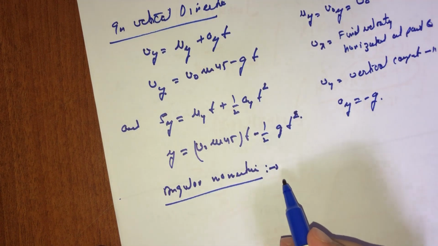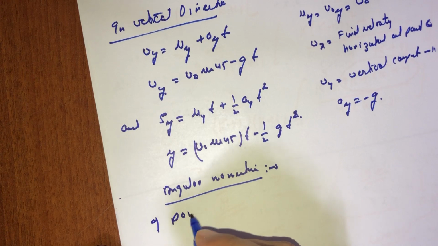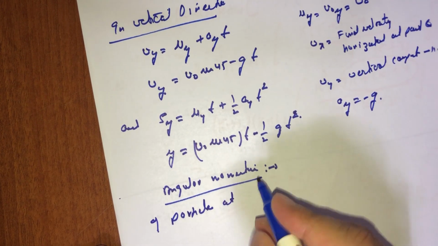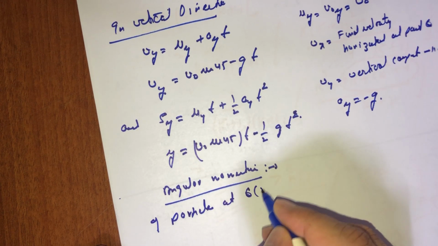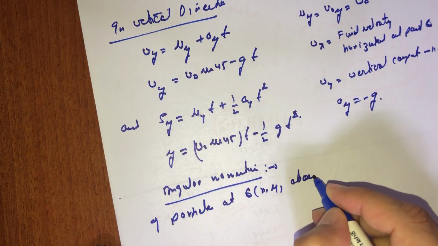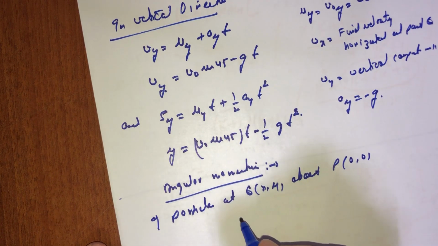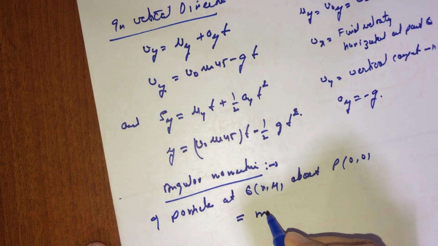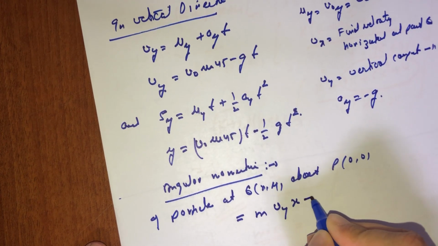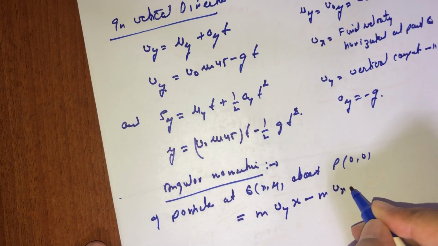So angular momentum of the particle at Q, whose coordinate is given by x, y, about point P, whose coordinate is given as 0, 0, will be equal to m vy multiplied by x minus m vx multiplied by y.